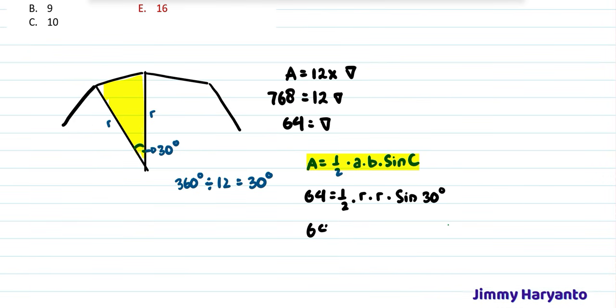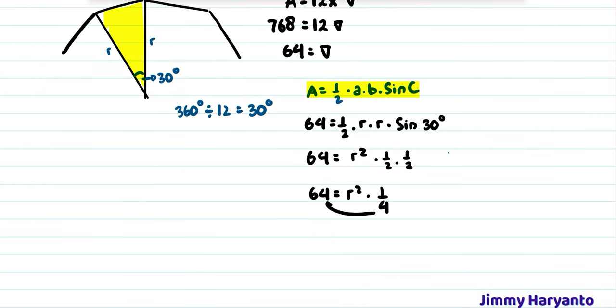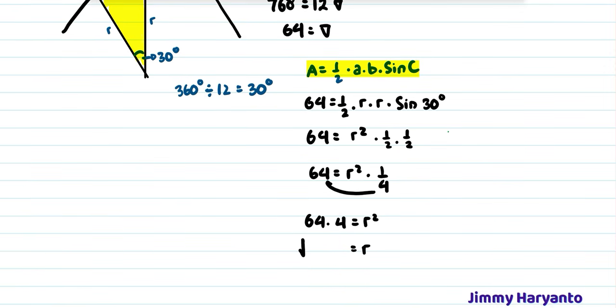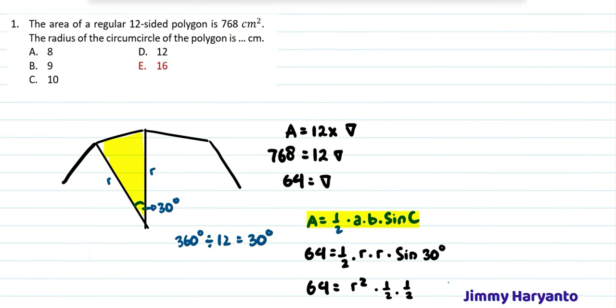So we will have 64 equals R squared times half, and sine 30 is half. That means we will have R squared times 1 over 4. And then you move the 4, you'll have 64 times 4 equals R squared. You don't have to multiply it because we can square root both sides. So the square root of 64 equals 8, the square root of 4 equals 2. That means R equals 16. So the first answer is 16.